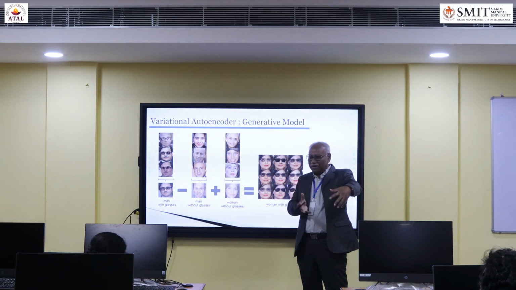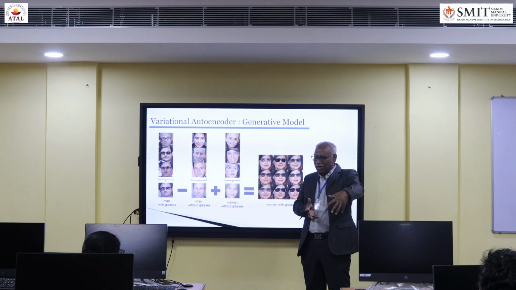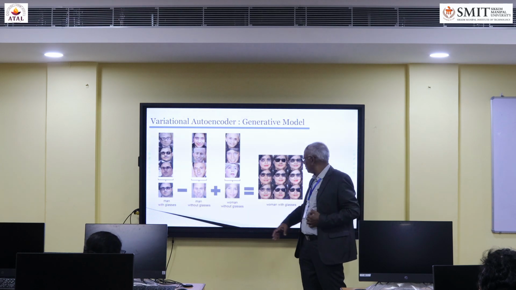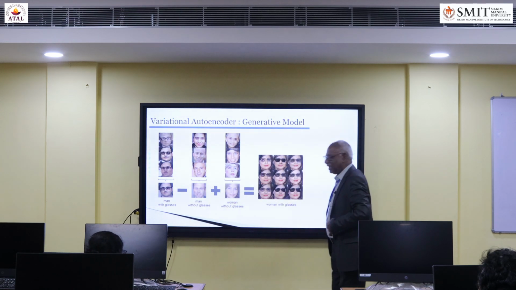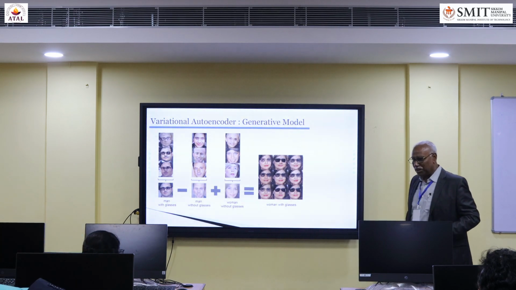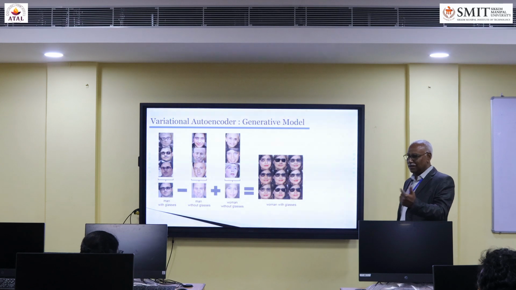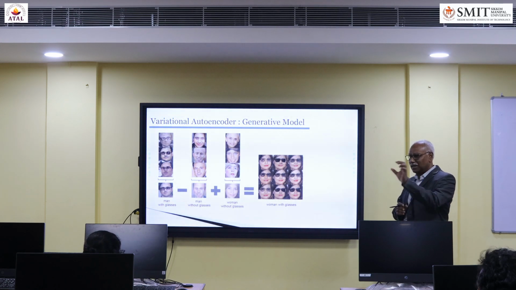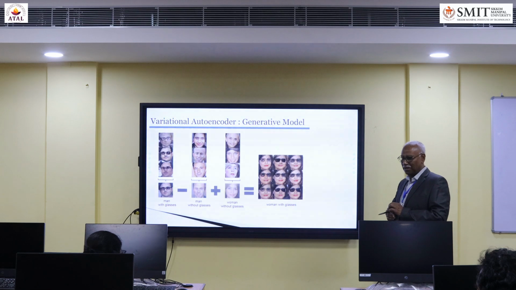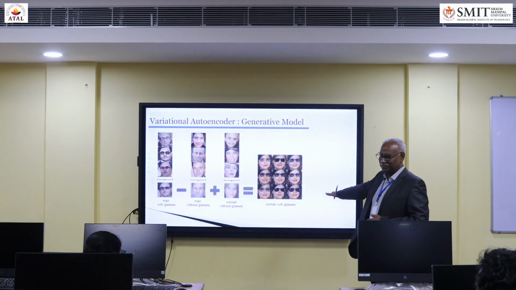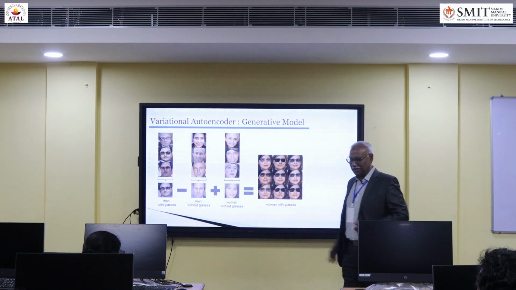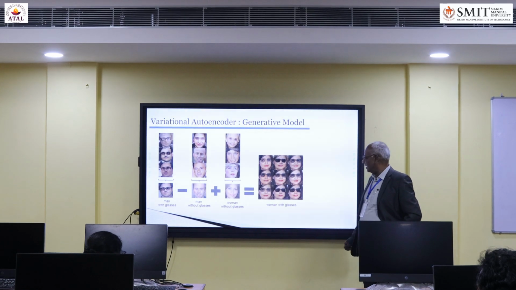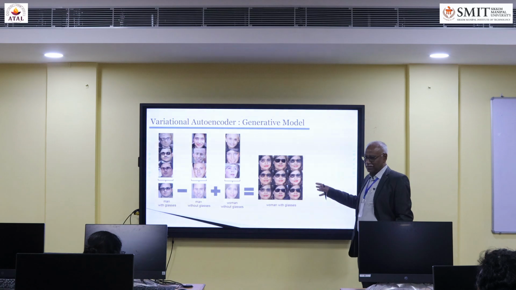You can train a model with faces without specs, and train a model with faces with specs. Take the difference of these two, and you can generate in this space. That is how deepfakes are made.